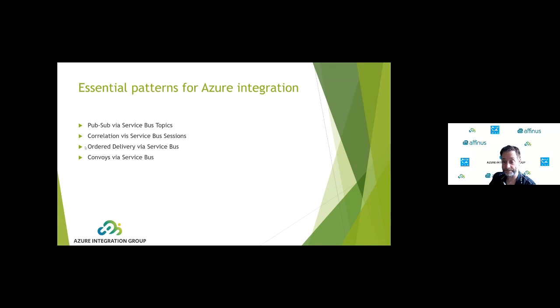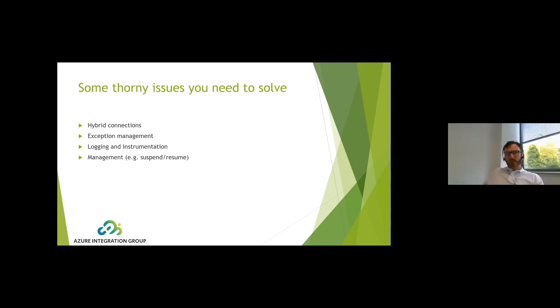Okay, so the other thing is some thorny issues that we need to solve. Let's start with hybrid connections. If we're in the cloud and we still have on-prem stuff, then it's quite easy going from on-prem and pushing stuff up to the cloud, because the cloud is ultimately all accessible via HTTP.